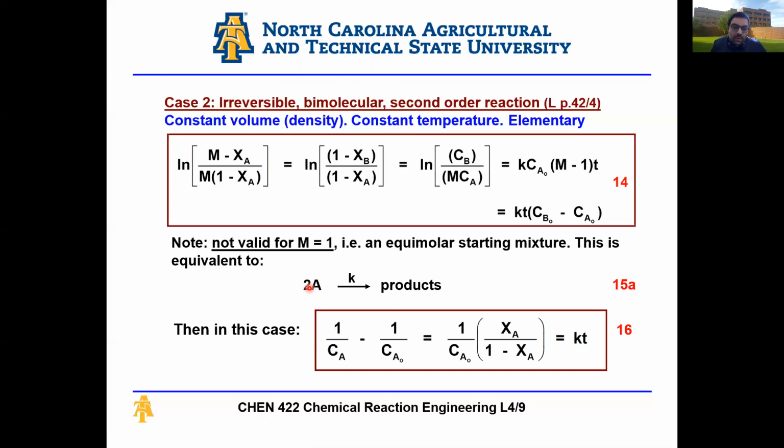So again, just to recall, for case number 2, when I have an irreversible bimolecular second order reaction, this is your performance equation, where m is CB naught divided by CA naught. In the case where m is equal to 1, this becomes equivalent to 2A going to products, and this becomes the performance equation you need to use, all right?